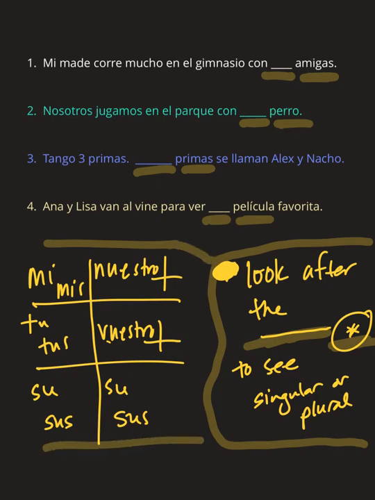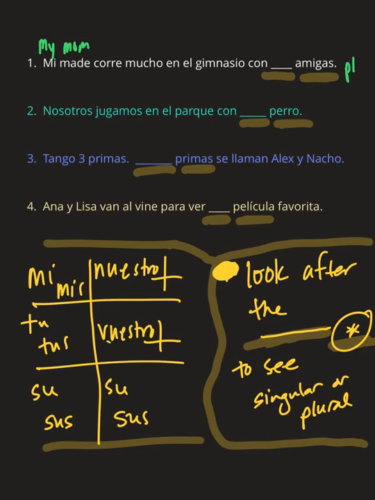All right, let's take a look. All right, so mi madre corre mucho en el gimnasio con blank amigas. So we already see here that it's gonna be plural, okay? But then what do I choose? Okay, well, what's it saying? Break it down. So my mom corre, what's corre?